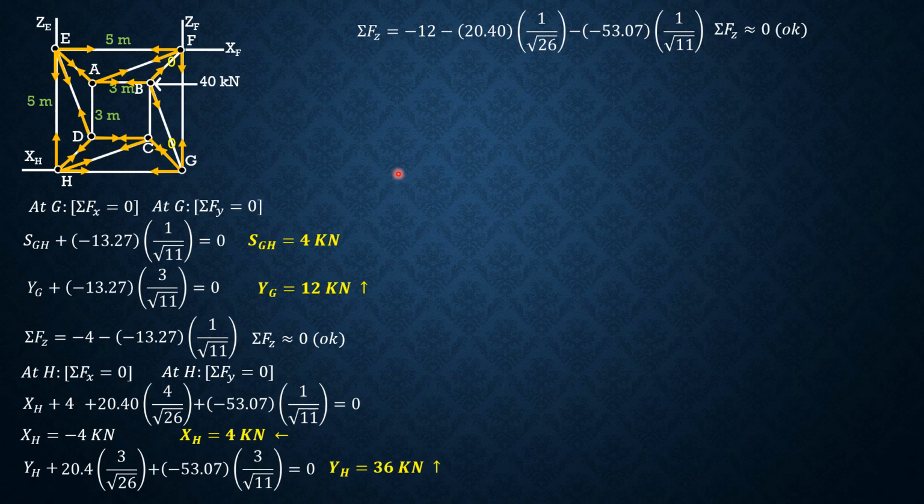Along Y, summation forces Y equals 36 at E, negative 24 at F, then 12 at G, then at H, 36. Then because there is a downward load at D, which is 60, so minus 60. Summing up forces Y gives us a result of 0. So that's okay. We have already found the forces as well as the component reactions.